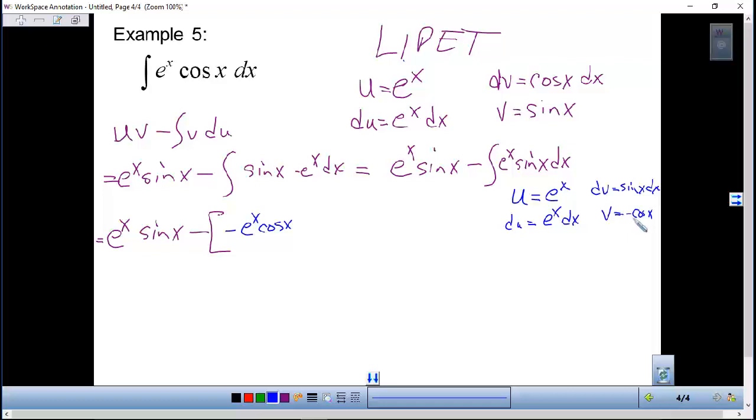I have the negative from the cosine I just moved out front. And then minus the integral of v, negative cosine x, du. So that minus, once again, can come to the front and make this a plus. And we're going to end up with e to the x cosine x dx again.